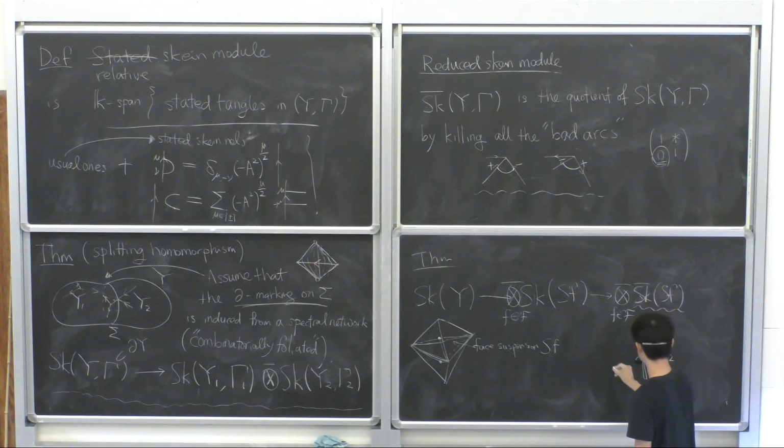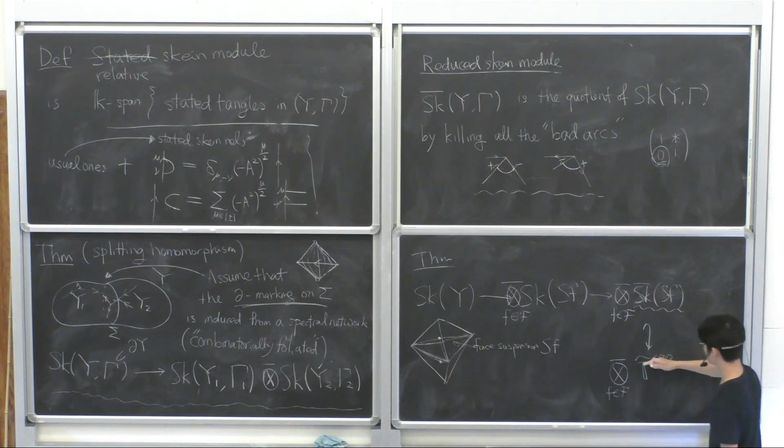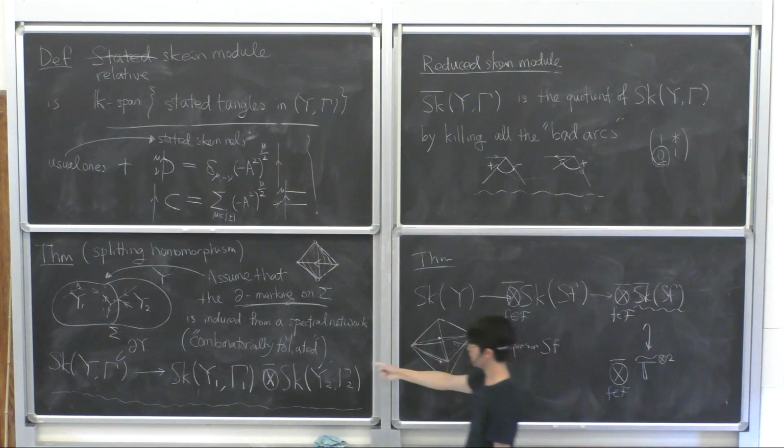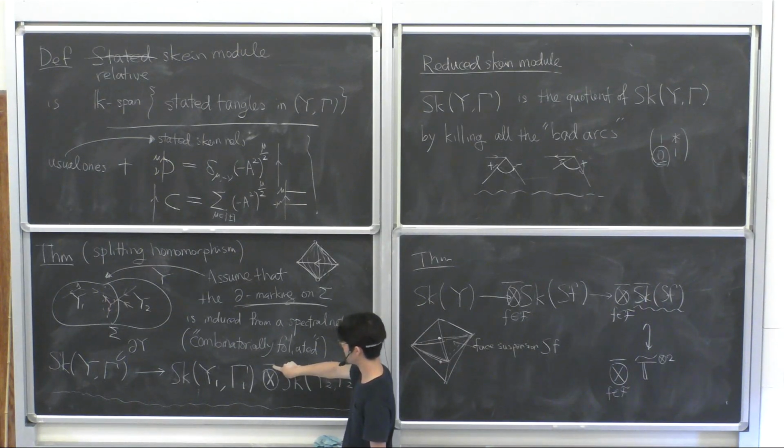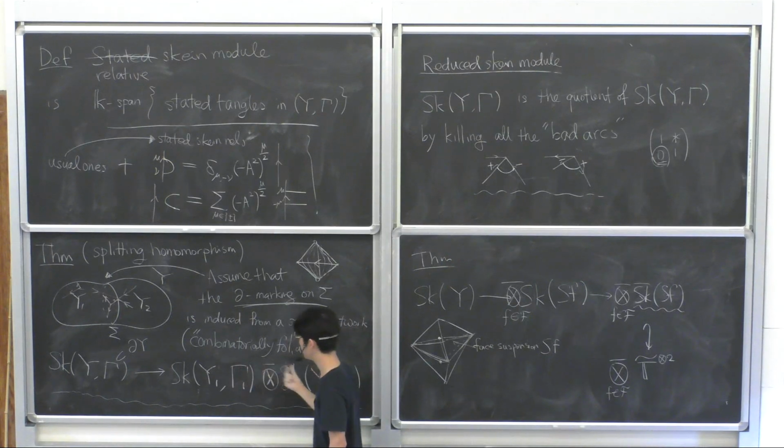Remember that in the splitting map, this is not a tensor product of vector spaces, but rather a tensor product of modules, so we have to identify the algebra action on the left and the right.